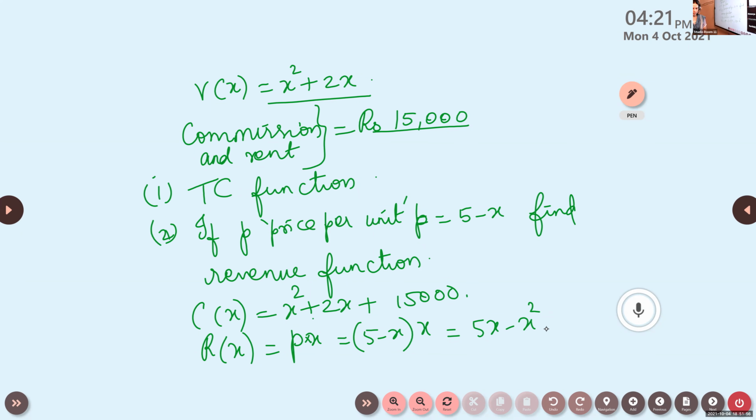A company produces X units of pen at a given time.